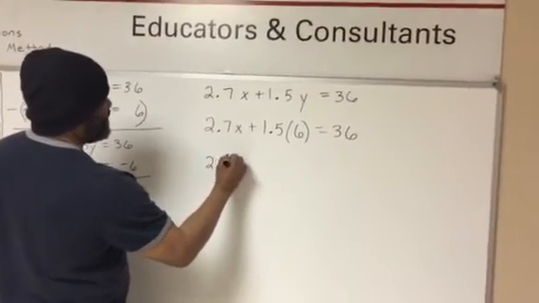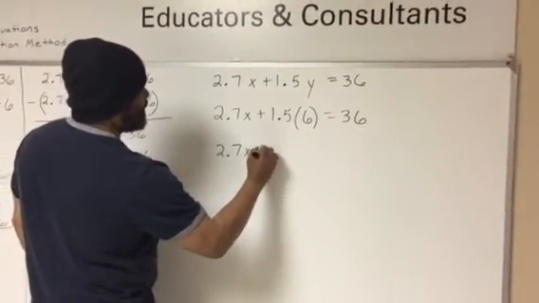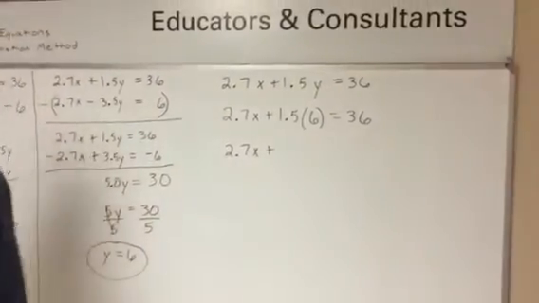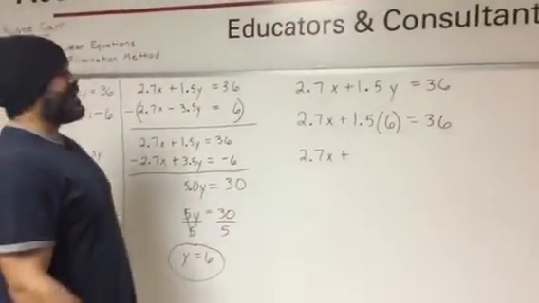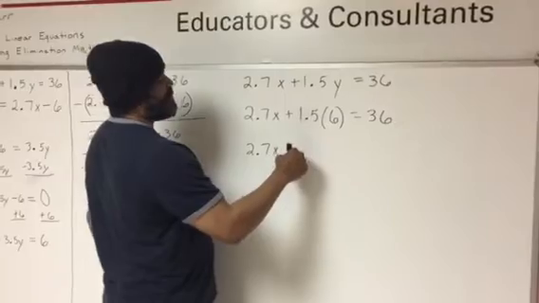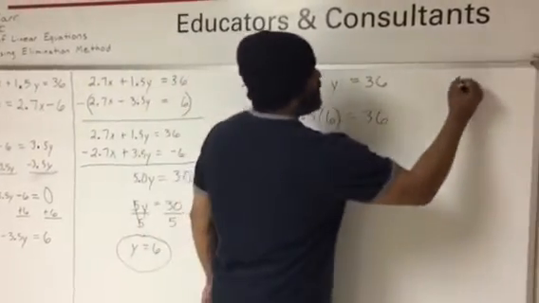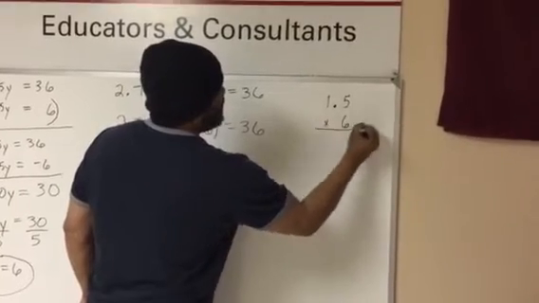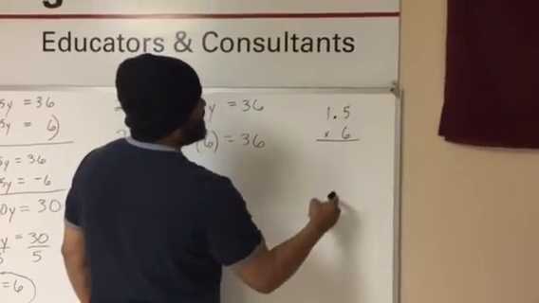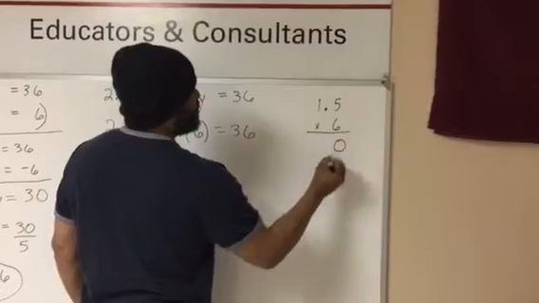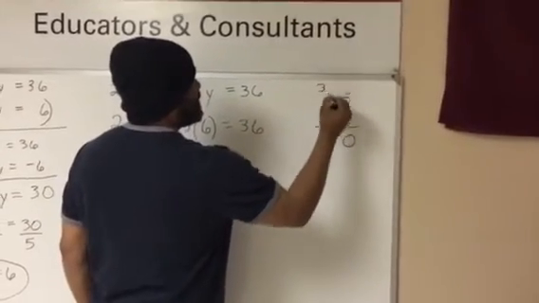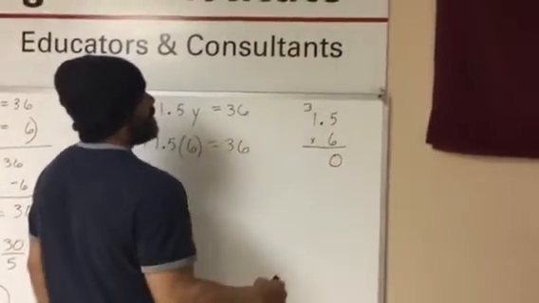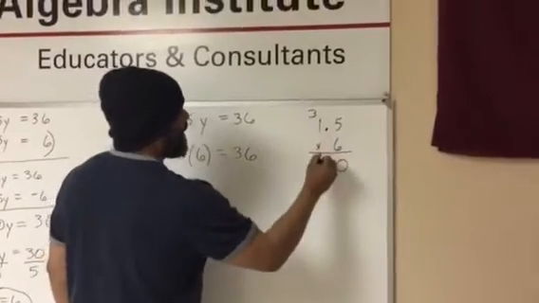2 7/10 x plus, now if you are in the lower grade and you don't understand how to multiply 1 5/10 times 6, you can do some Mickey Mouse work over here. Looks like that. And you go 5 times 6 or 6 times 5 is 30. Here's your 0. You carry your 3. You know this stuff. 6 times 1 is 6 plus 3 is 9.